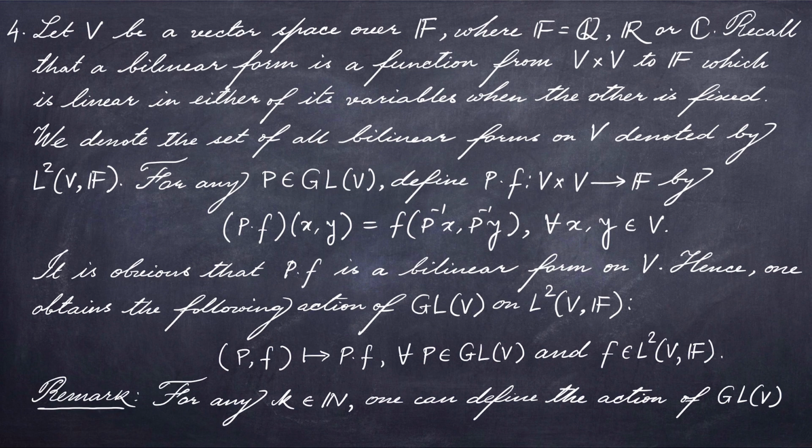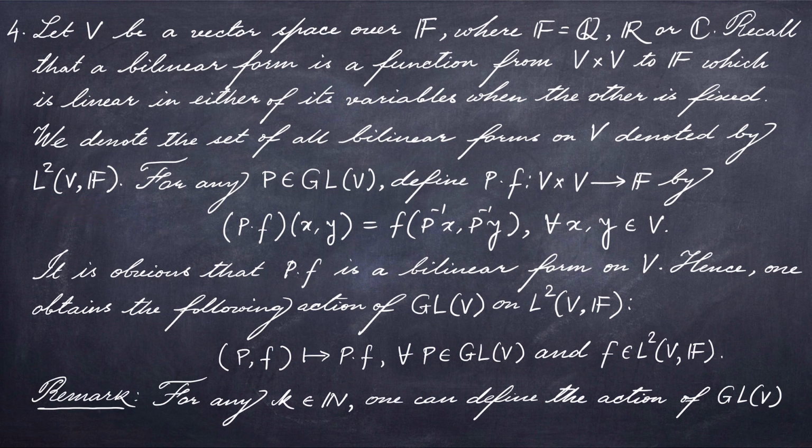So given a vector space V over F, recall that a bilinear form is a linear function from V cross V to F, which is linear in either of its variables when the other is fixed. Given V, the set of all bilinear forms is denoted by L2(V,F). It's easy to see that it's a vector space over F.